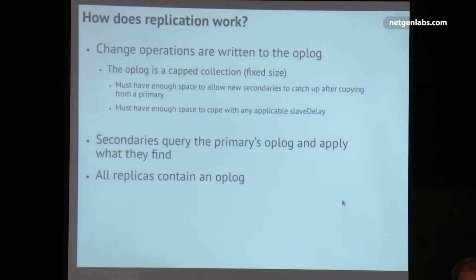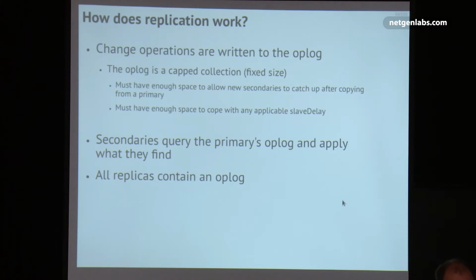All right, so how does the replication work? Every operation is written to an oplog, and an oplog is a collection with a fixed size. So you can say, let's dedicate 10% of my disk space for this operations log. But it does mean that you need to have enough space in there that if failover happens and a node needs to recover, the amount of data in the oplog is large enough for the node to sync back from.